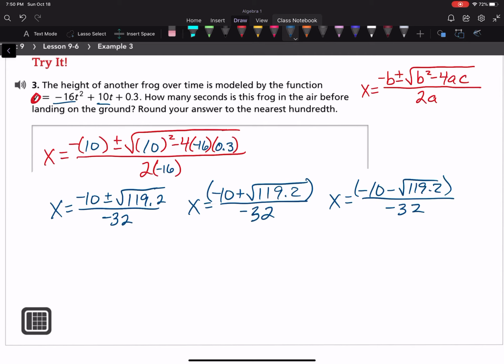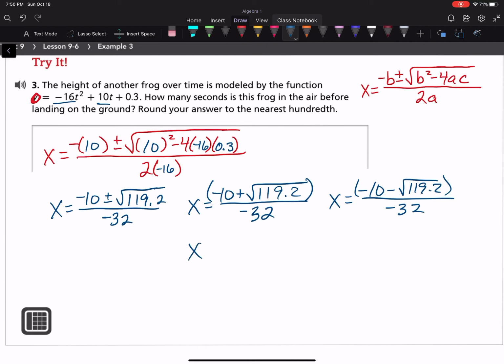Put all this in. All right, got it all in, hit enter.